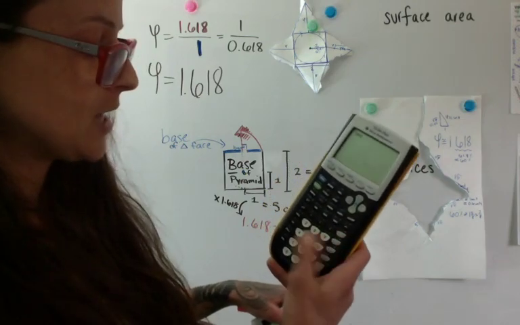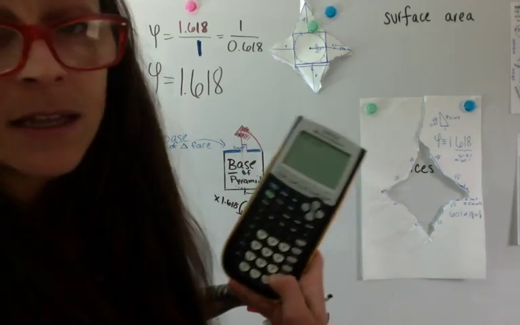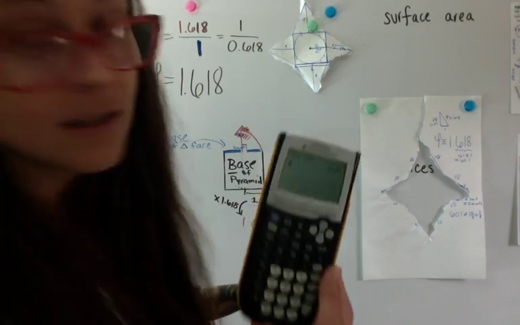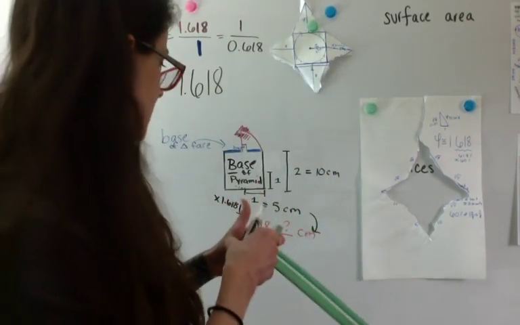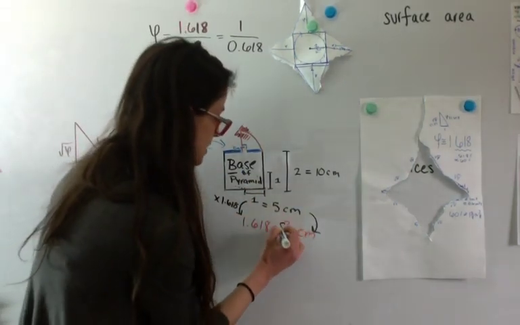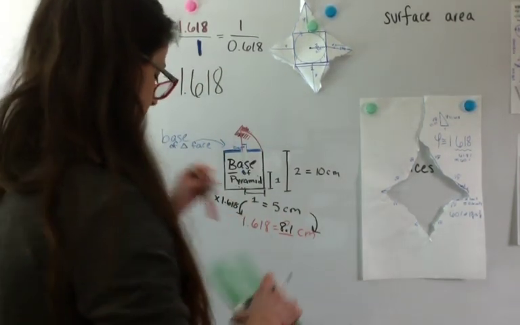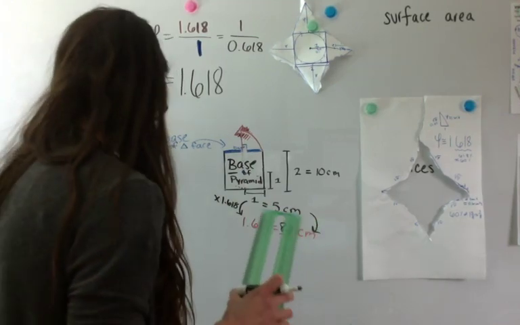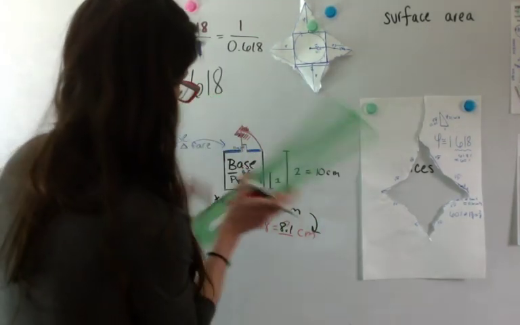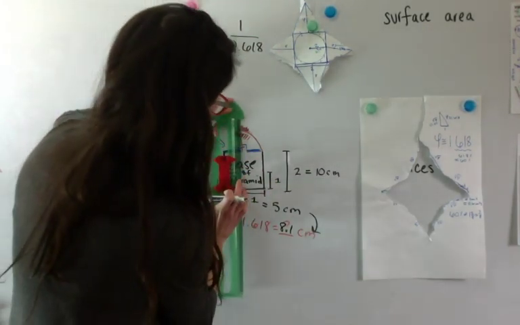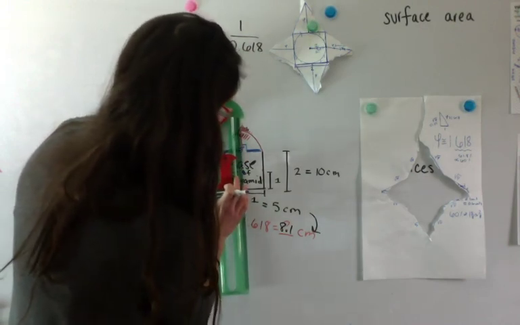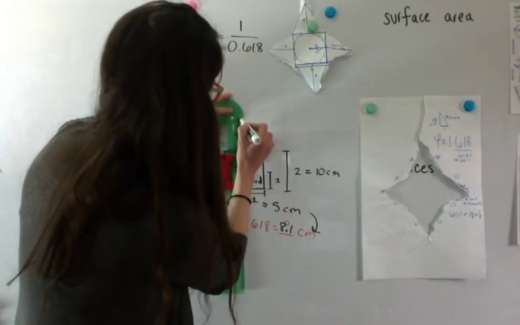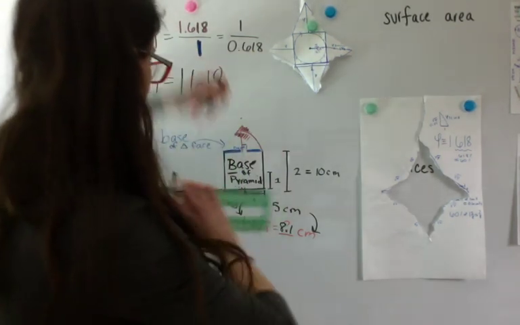Okay, so 5 times 1.618 is 8.09. I don't need to be that precise. I'm just human. So I'm going to round it to 8.1. So the height of the face of my pyramid net should be 8.1 centimeters. So it's going to go up to there, and I need to use my red marker.